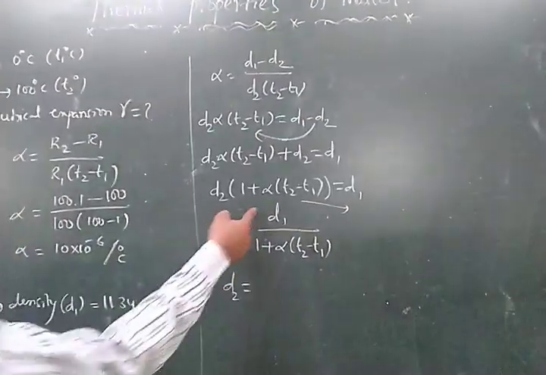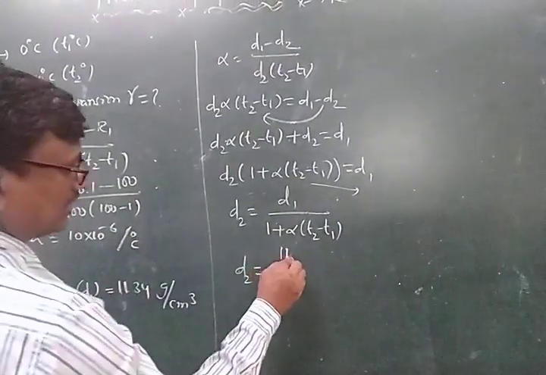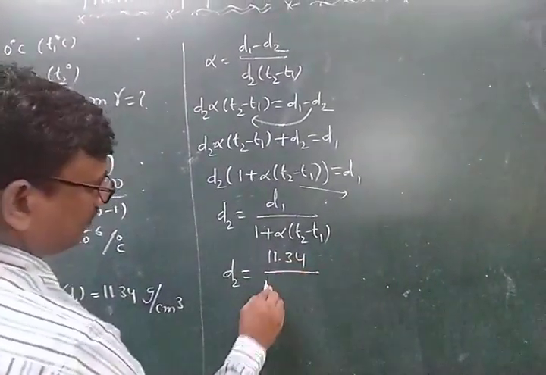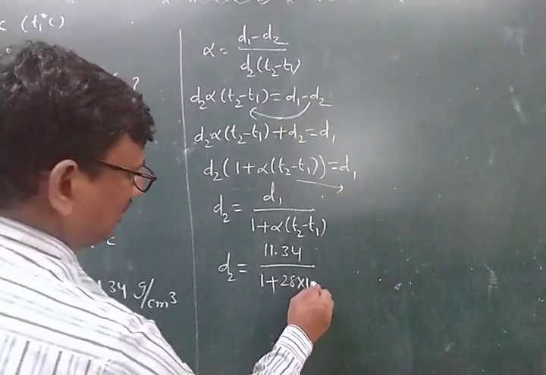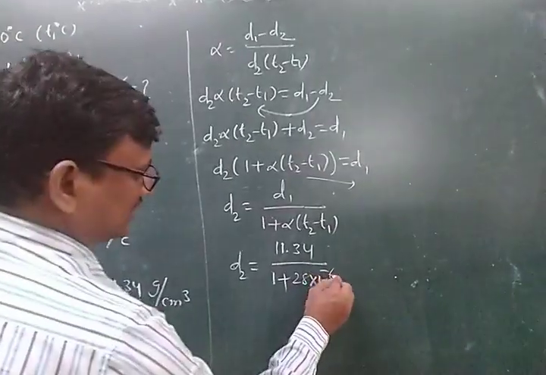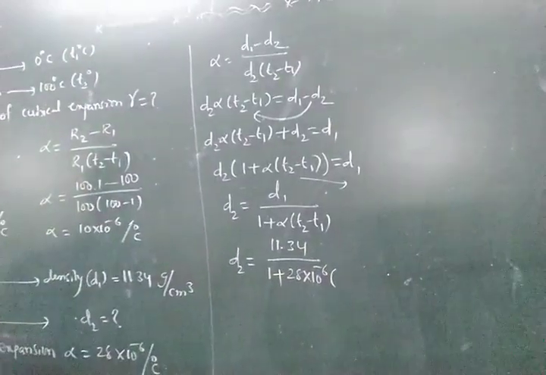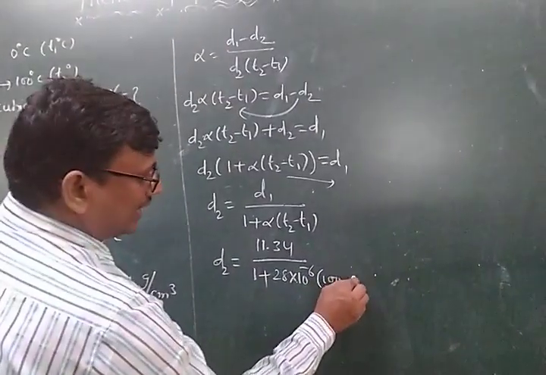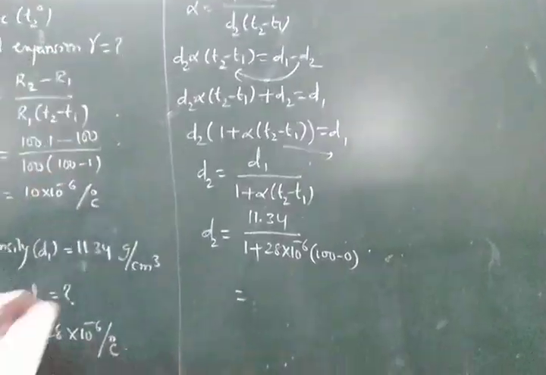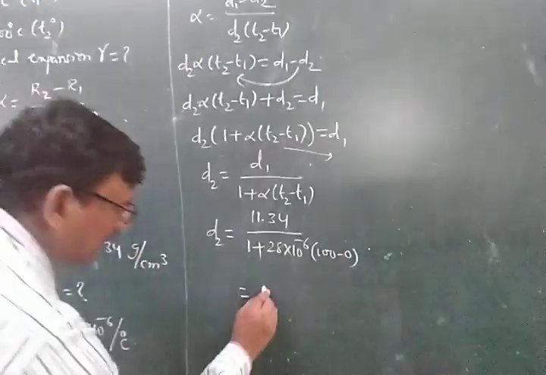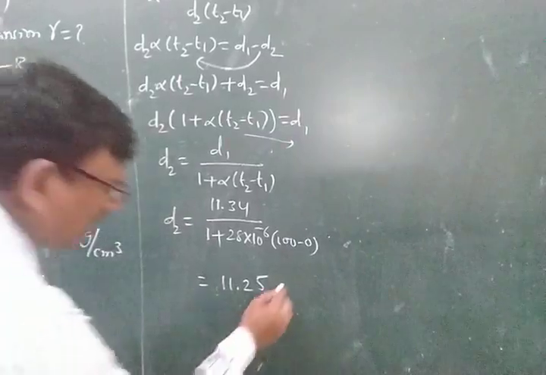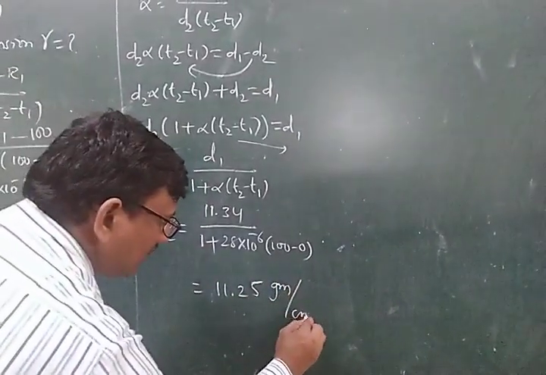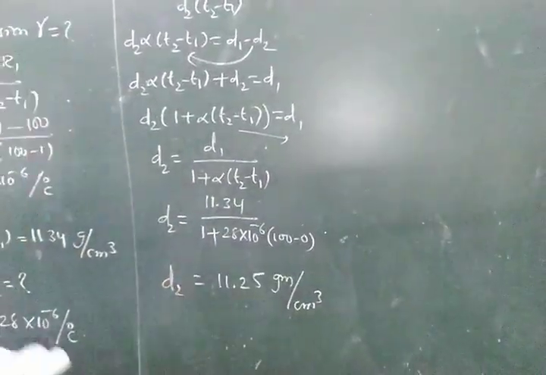D2 is equal to D1, D1 is 11.34, divided by 1 plus alpha, the linear expansion 28 into 10 power of minus 6, into (T2 minus T1), 100 minus 0. With the calculation, we get the answer 11.25 gram per centimeter cube. This is D2.